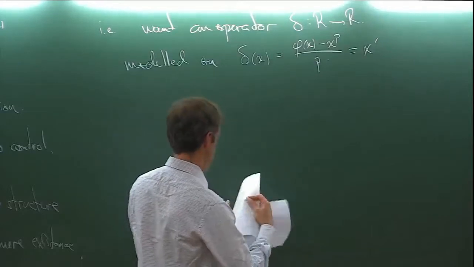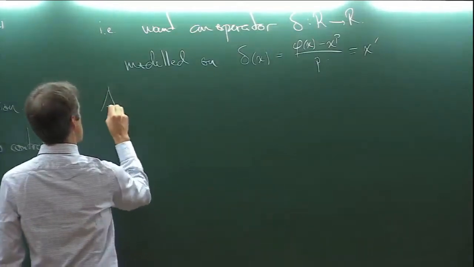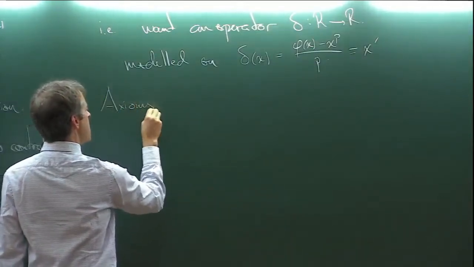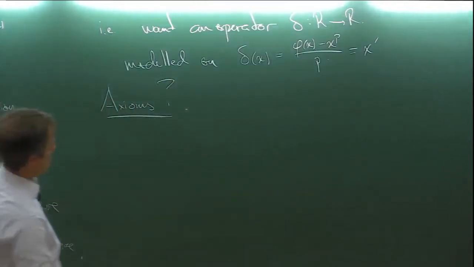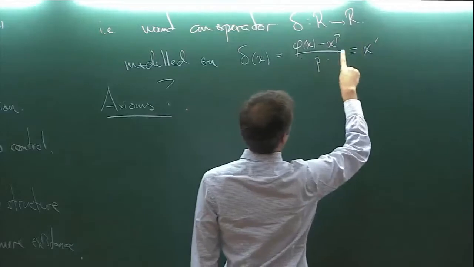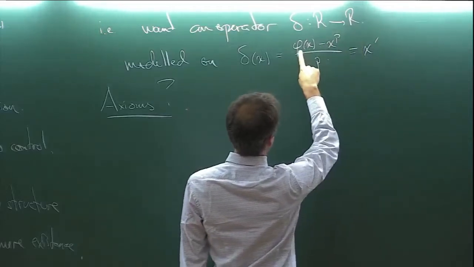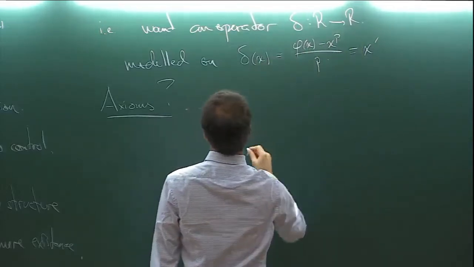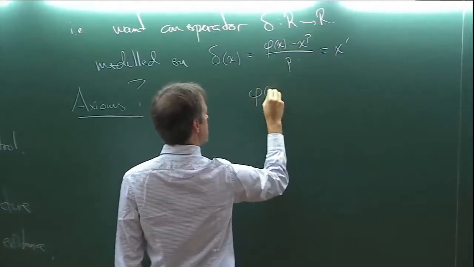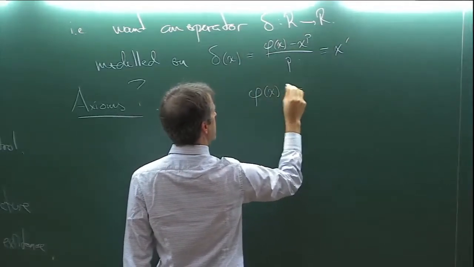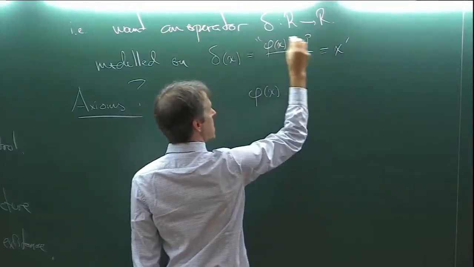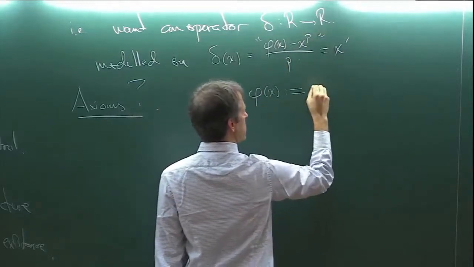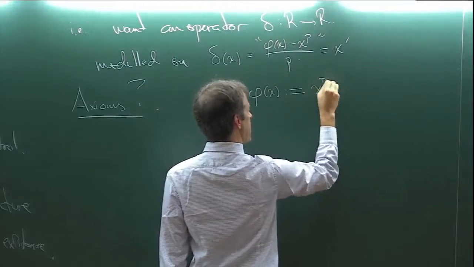So what then are the axioms? Well, giving yourself such an operator, you can define a phi from delta. So maybe I should write that down. You can define phi of x by this. If you're given just a random set map, but we're thinking about it this way, you can define phi of x by this.